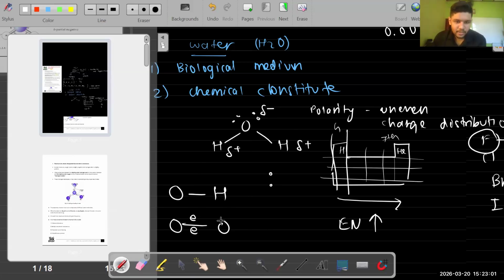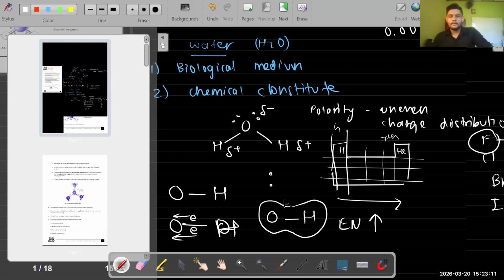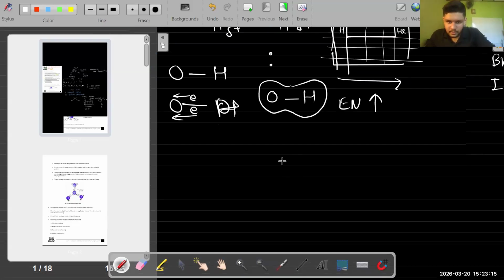Now due to the higher electronegativity, these electrons will be attracted more towards oxygen. If you see it as a cloud, if this is a molecule, due to this higher electronegativity, it will be looking like this. Electrons are more accumulated in this area.